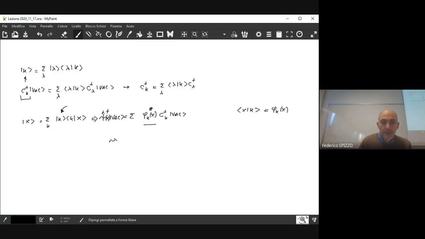So at the end, we have that we may define a construction operator corresponding to position x as phi k conjugated in position x times c cross k.